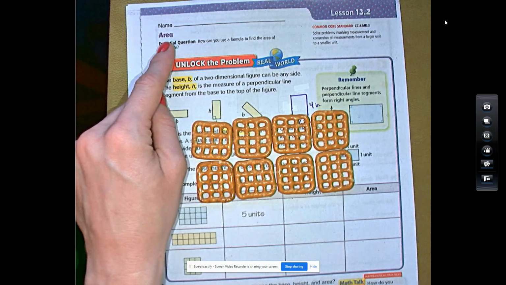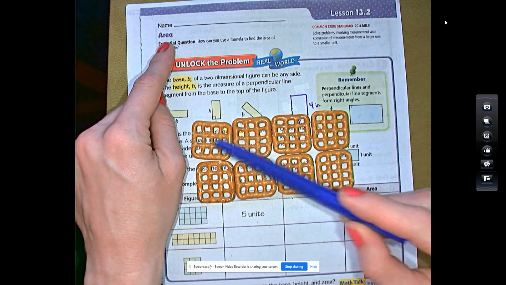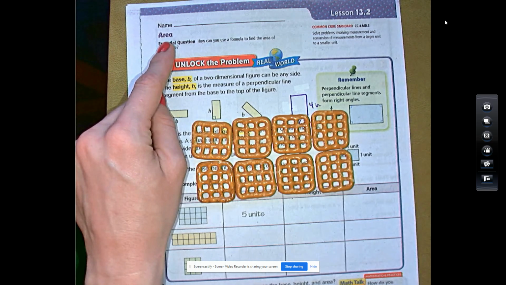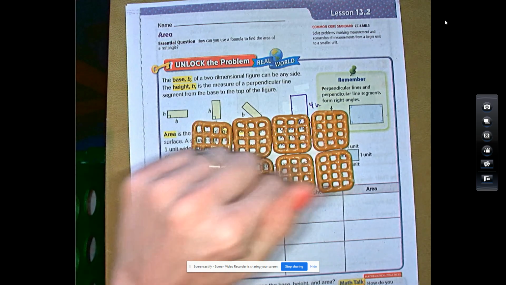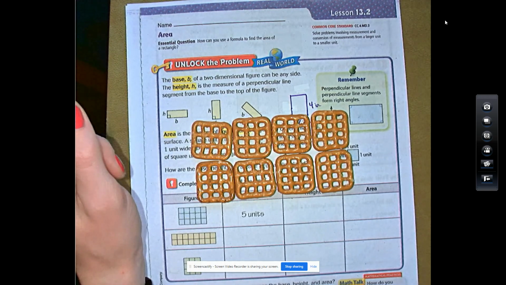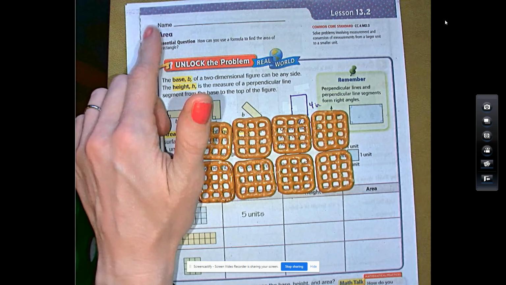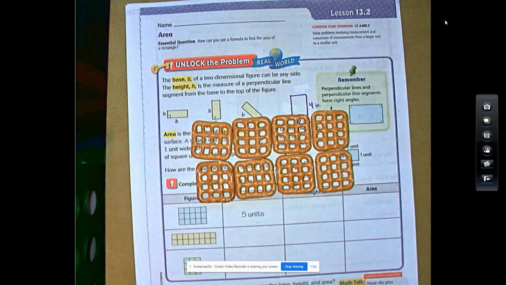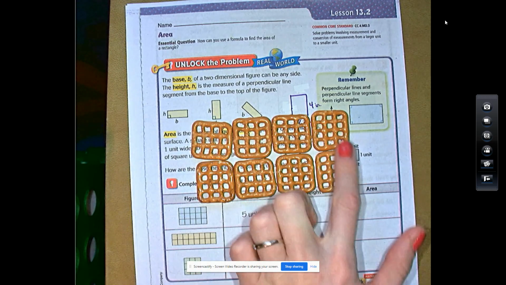So count my pretzels: 1, 2, 3, 4, 5, 6, 7, 8. It takes 8 square units, square inches, to cover this shape that I've made. The area is how many it takes to cover it. Perimeter is where the fence goes, area is where the grass grows. It's all the space on the inside.